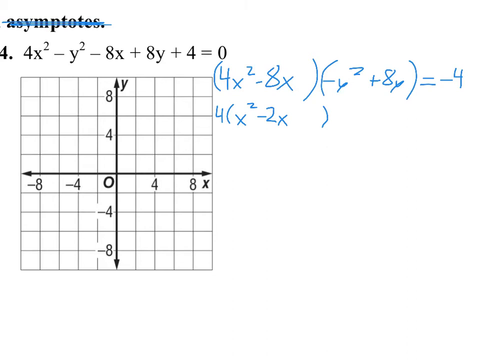For the y's, we want to take out the negative 1 or the negative sign. So I'm going to take out a negative 1, but I'm not going to write the 1. So negative. And then if I take 8y and divide by negative 1, that becomes negative 8y.